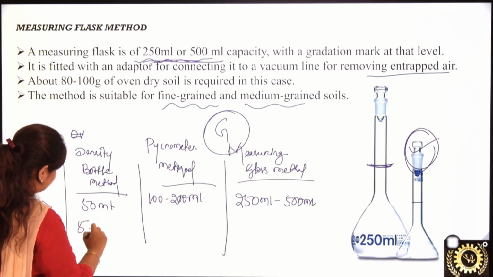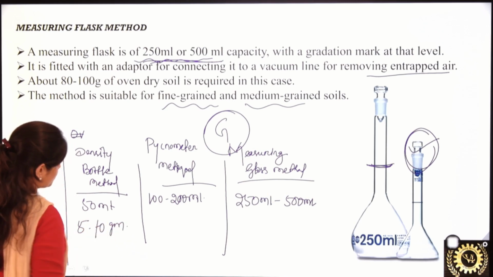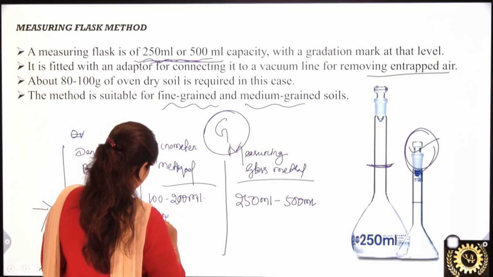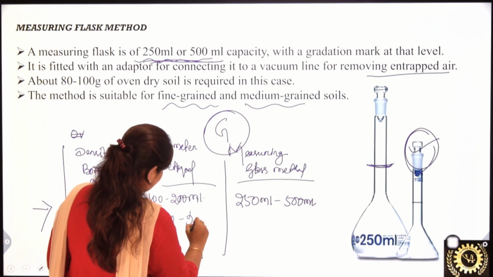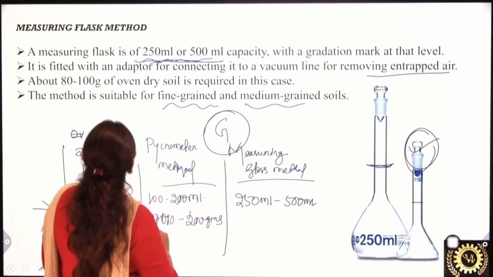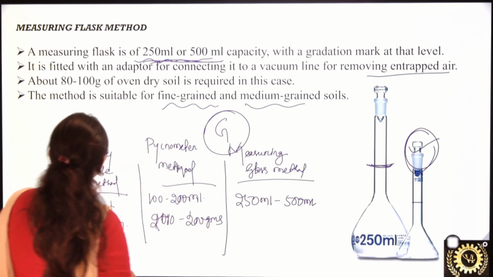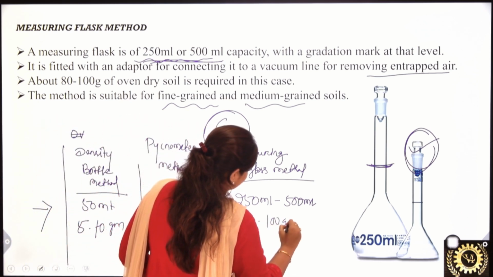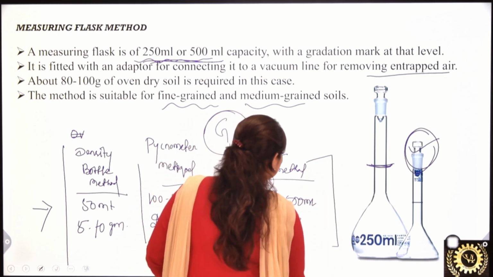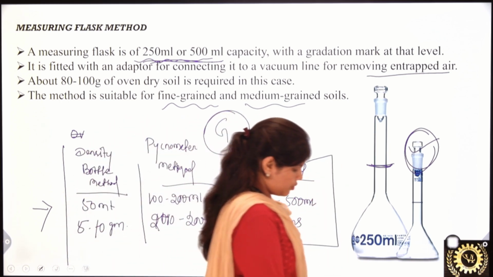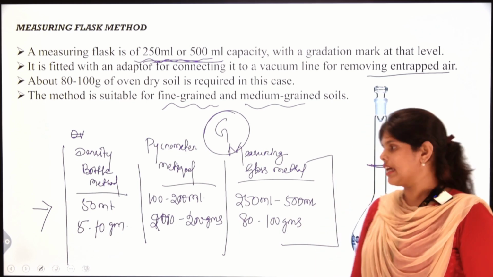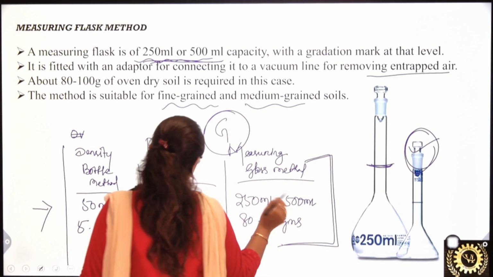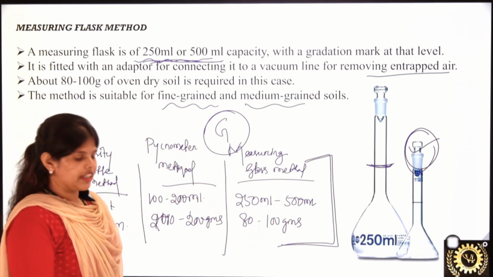In the measuring flask, we can take 80 to 100 grams of soil. These are the short type questions asked in your state level exams; these small values are asked in those exams.